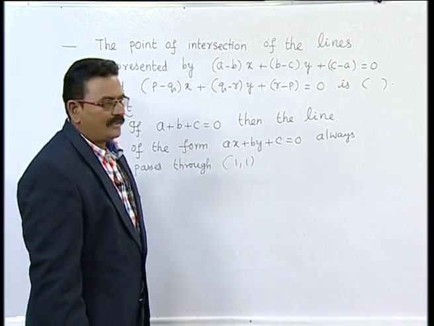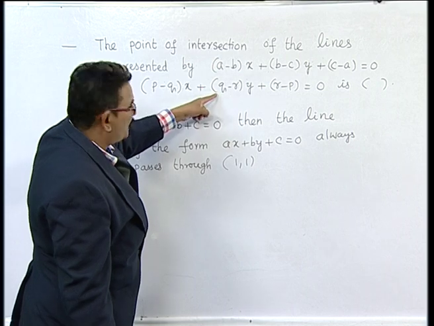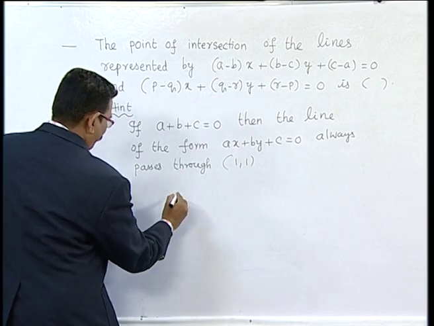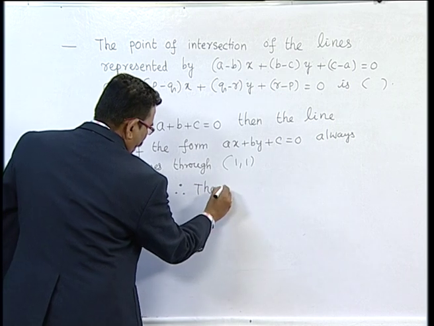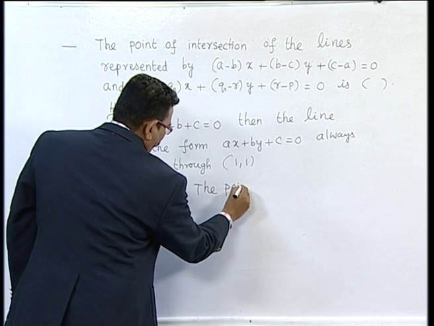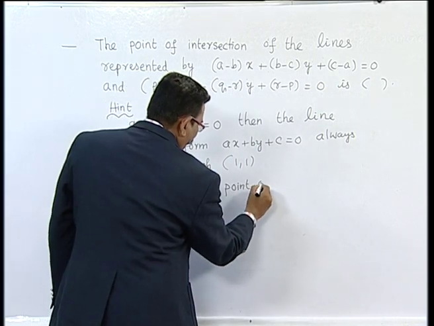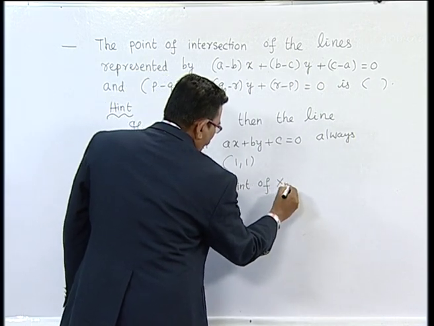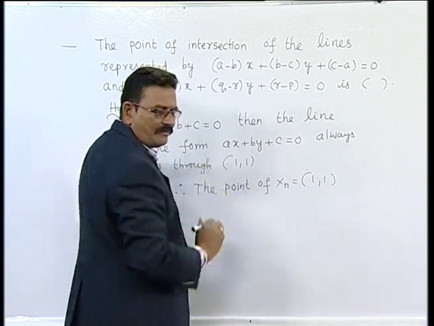So, this passes through (1, 1), and this also passes through (1, 1). Therefore, the point of intersection is (1, 1). The answer is (1, 1).